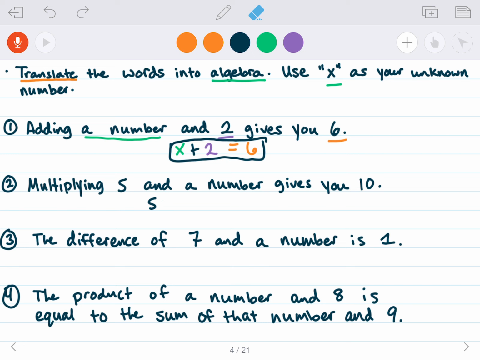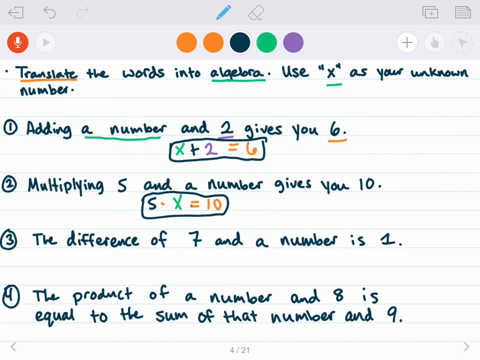So instead of the x for multiplication, I'm just going to put a dot. So multiplying 5 and a number, which we're calling x, gives you 10. So the result equals 10. And we know that number has to be 2, so x has to equal 2 there.